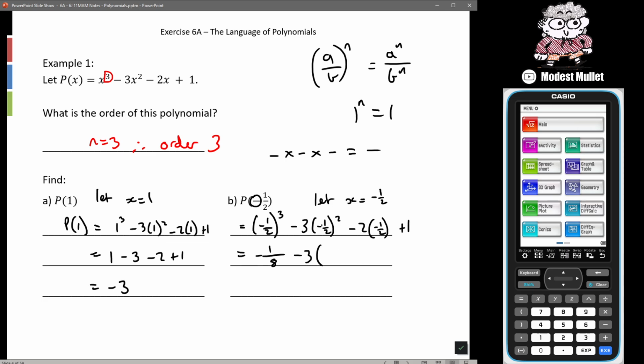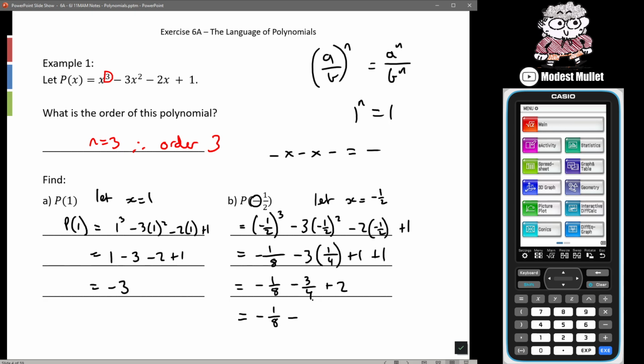minus 3 by negative half squared, so that's a negative times by negative becomes positive 1, the 2 squared is 4, 2 by half is just 1, and the negative times by the negative turns into plus 1, so we get negative 1/8 minus 3/4, plus 2. We want to change all these to a common denominator so we can simplify, so that's negative 1/8 minus 4.